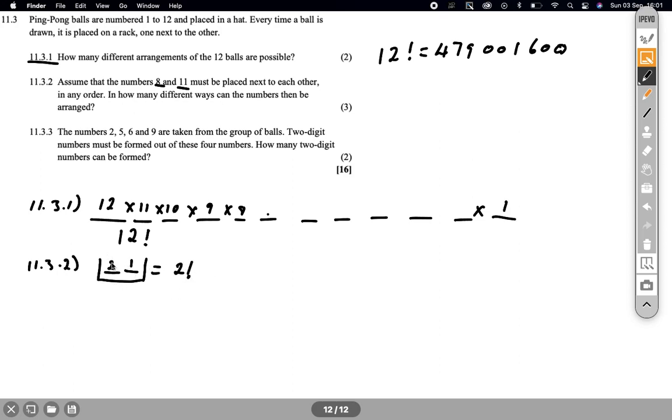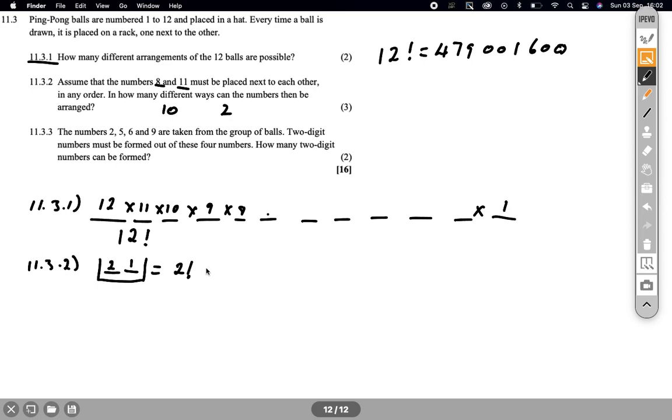Now that you have one box for ball 8 and 11, which are placed next to each other, you must then place them with the rest of the 10 balls. Remember, you had 12. You take 8 and 11, you place them next to each other. This means that 2 are next to each other. So now you must place this box with the rest of the 10.